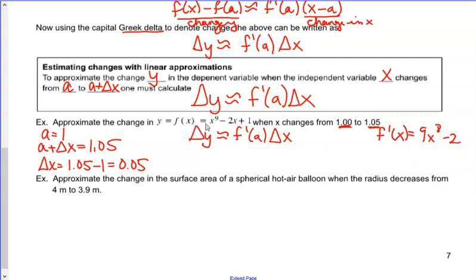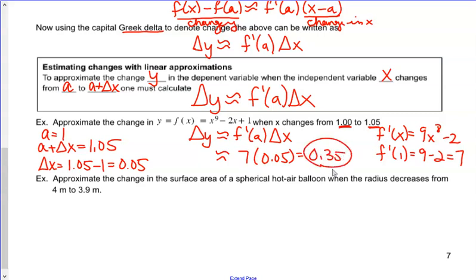F prime at 1, when I put 1 into that function, is 1 times 9 is 9, minus 2, gives me a value of 7. Therefore, for this problem, the approximation is 7 times 0.05, which is 0.35. So the change in the y value with a change in x of 0.05 yields 0.35 as the change.